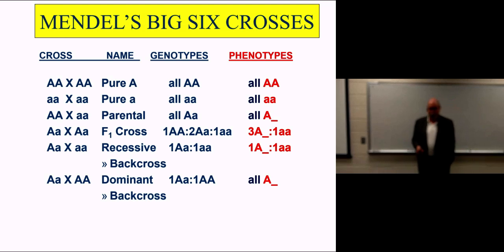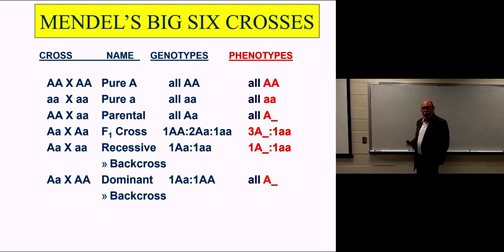Okay. Now, something I want to point out. For now, we can learn this chart, genotypes and phenotypes. Notice that the phenotypes have turned red here. The reason for that is we're going to change modes of inheritance. We're going to talk about different modes of inheritance. The genotypes that you get from these 6 crosses will never change. If you cross a heterozygote, big A little a, times little a, you will get a 1-to-1 expected ratio in the progeny.